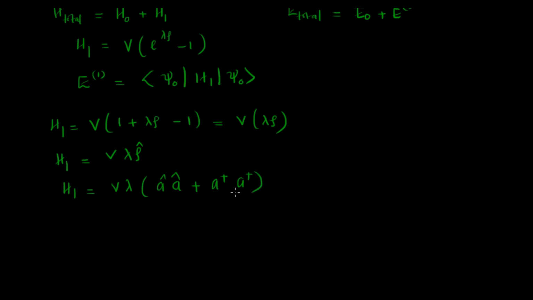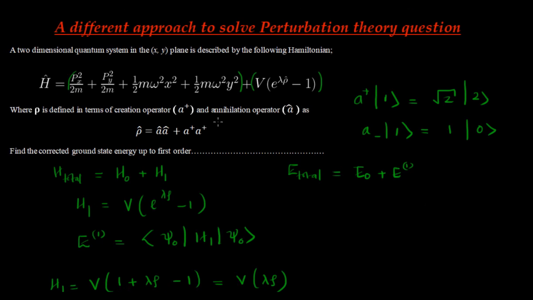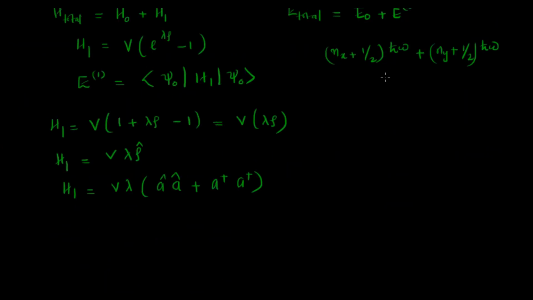We know that this system has an energy eigenvalue of nx plus 1 by 2 h bar omega plus ny plus 1 by 2 h bar omega for the unperturbed two-dimensional harmonic oscillator. The ground state will be nx equal to 0 and ny equal to 0.